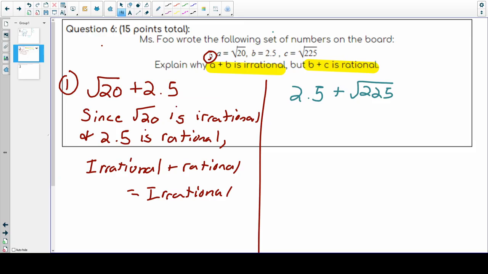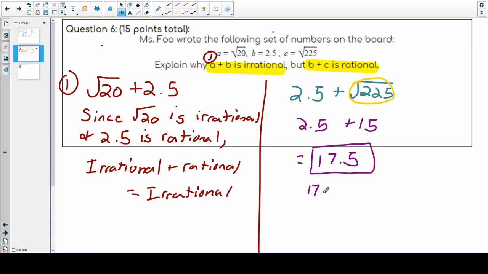So this becomes 15. If you add these two numbers, 15 plus 2.5 is 17.5. Now remember, it says explain your answer.